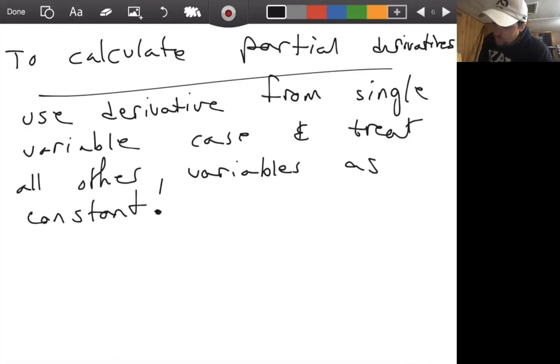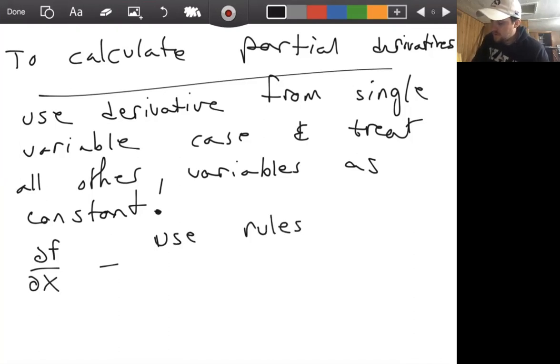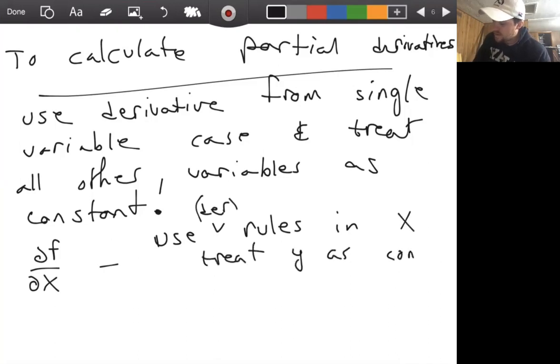So when we want the partial derivative of f with respect to x, this means use derivative rules in x, treat y as constant.